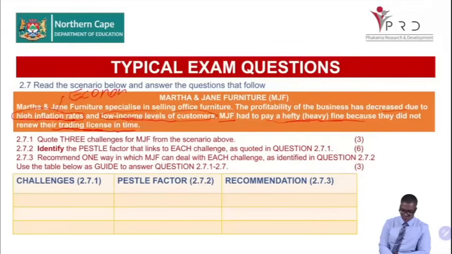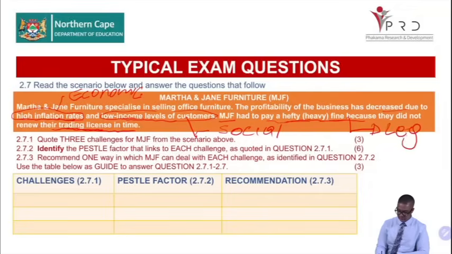It's an economic factor. But when you look into the low levels of income from customers, that one is considered to be a social factor. Then heavy fines because of failing to renew the trading license, that is regarded to be a legal factor.